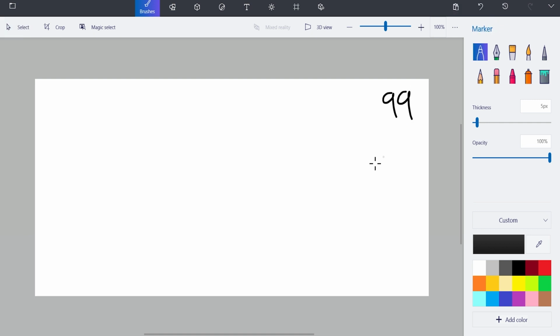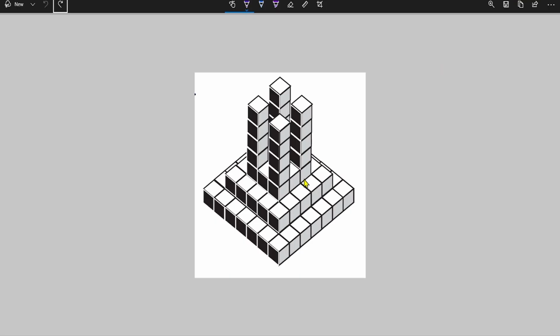So 144, the person who said 144, what was your logic? Let's see where you went wrong. If not, we can also solve it out. Actually, that corner box I took double.